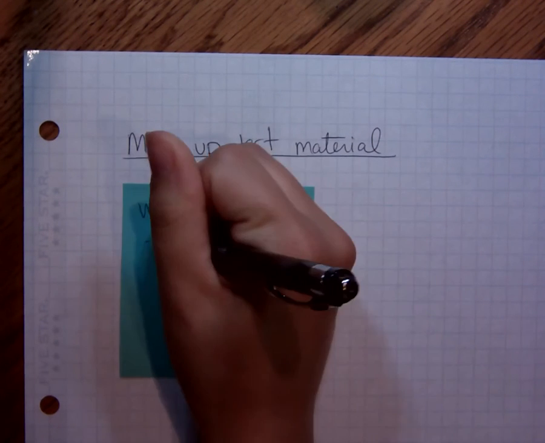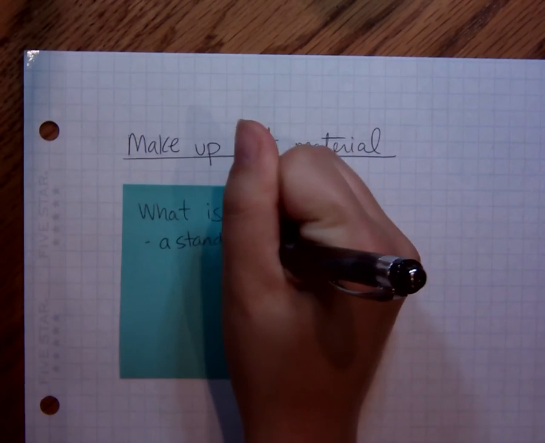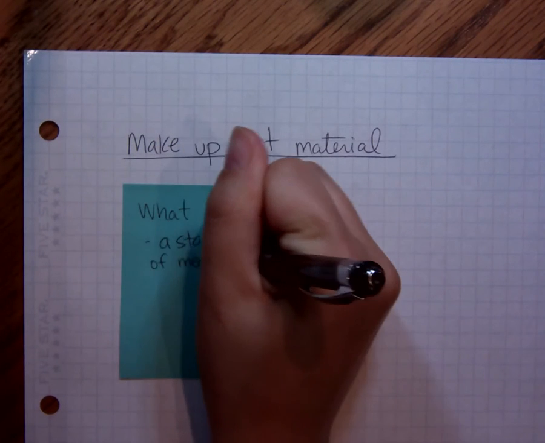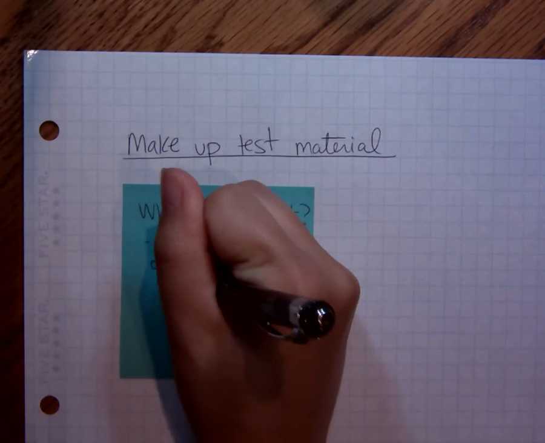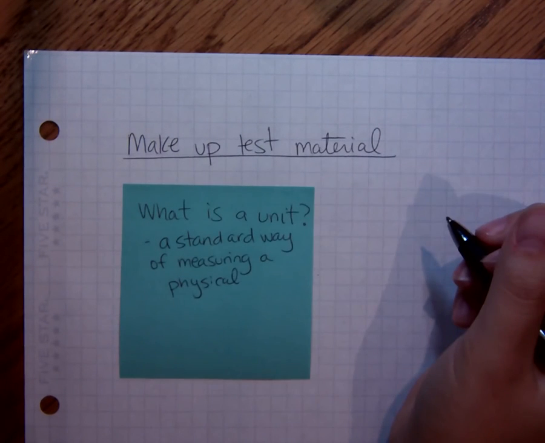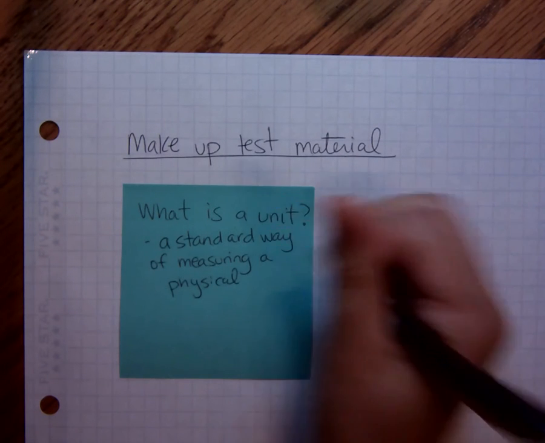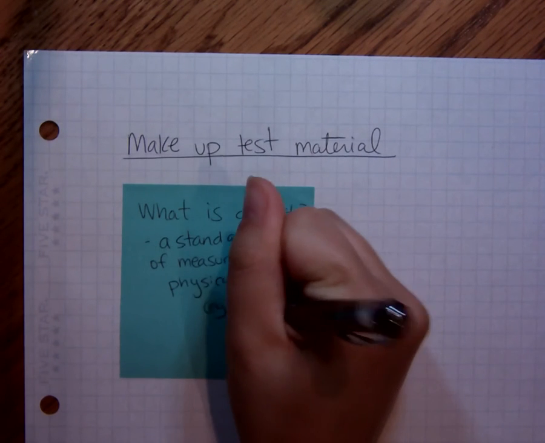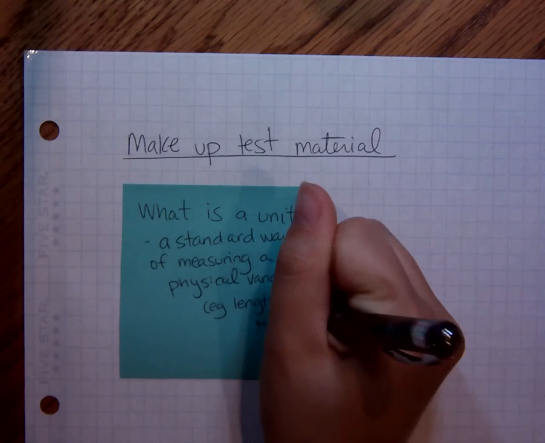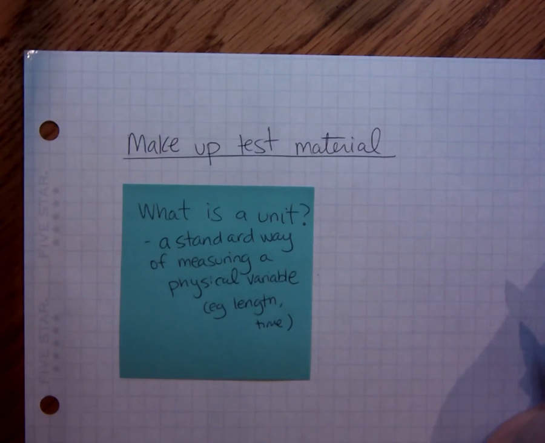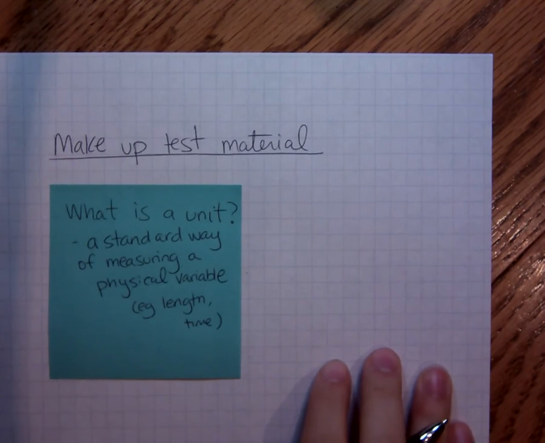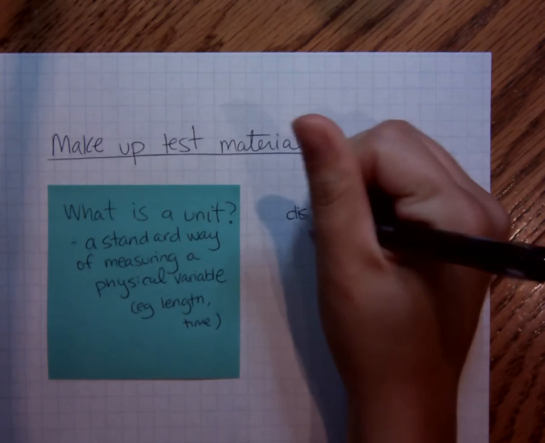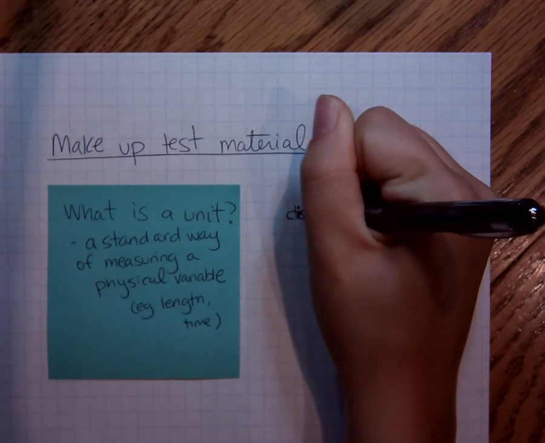So a unit is a standard way of measuring a physical variable, like length, time, etc. And you guys aren't very familiar, I'm sure, with the units that we are learning in physics.